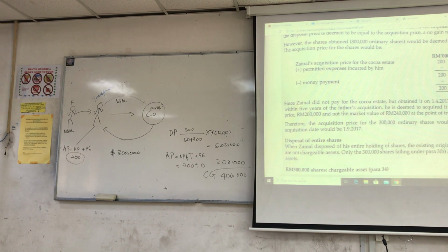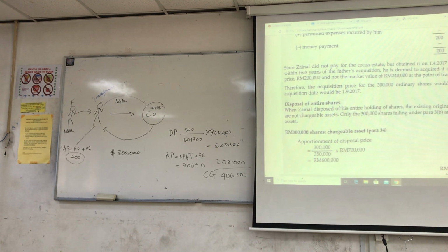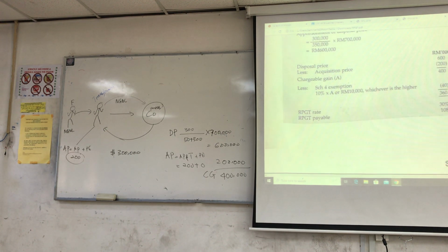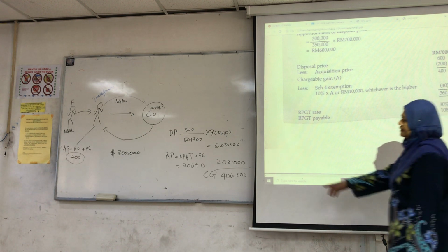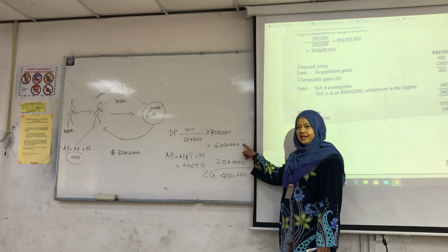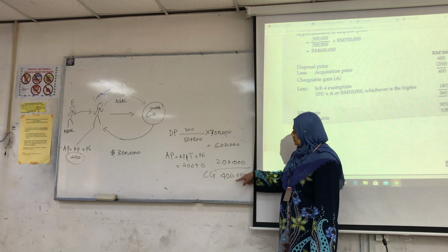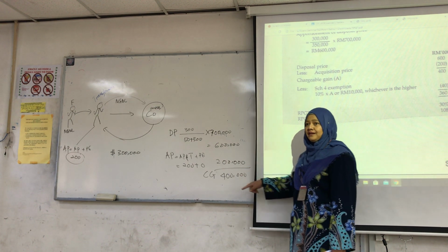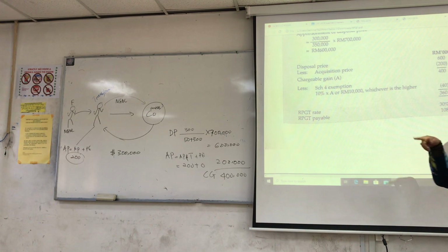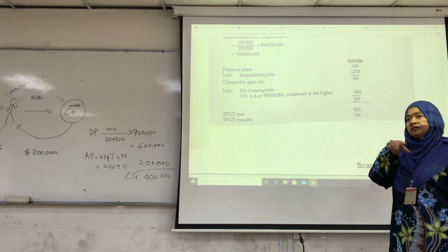Did not pay money. Deemed to acquire at 200,000 and not market value. Acquisition price is 200,000. So 600,000 is the disposal price of the shares. Acquisition price of the shares is 200,000. So you have a capital gain of 400. And remember that the disposal is by Zainal, a disposal of shares.